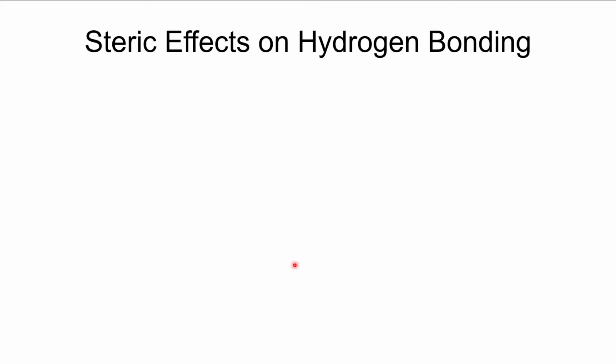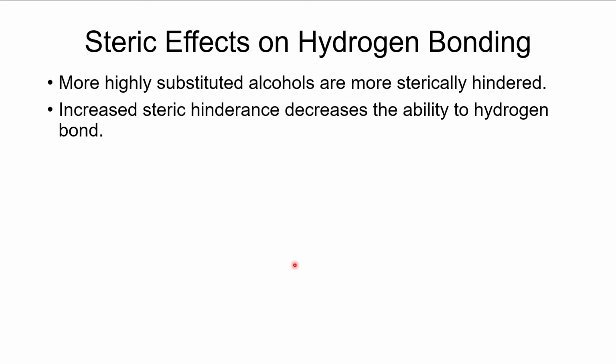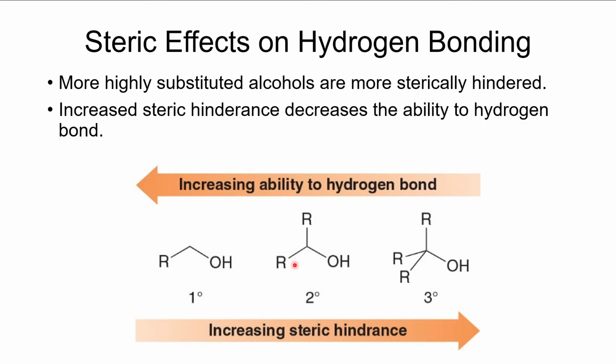And then there's also an interesting steric effect that occurs with the hydrogen bonding. More highly substituted alcohols are more sterically hindered, and that increased steric hindrance decreases the ability of the OH to do hydrogen bonding. So tertiary alcohols have more steric hindrance than secondary, which is more than primary.